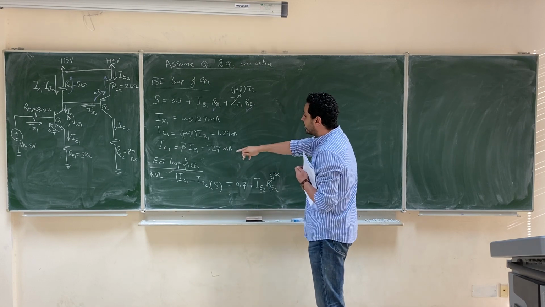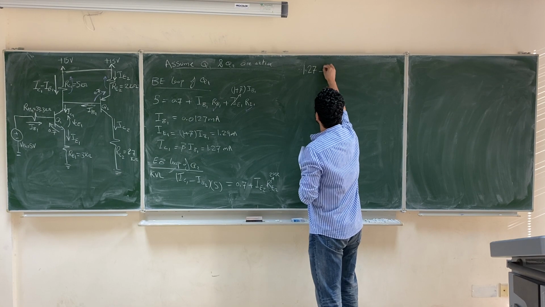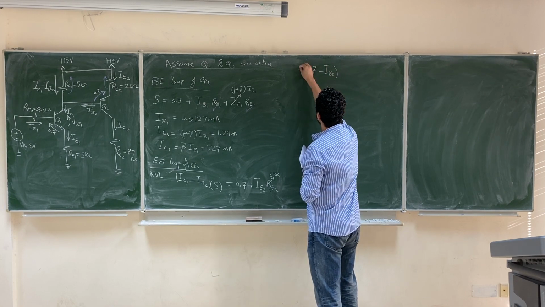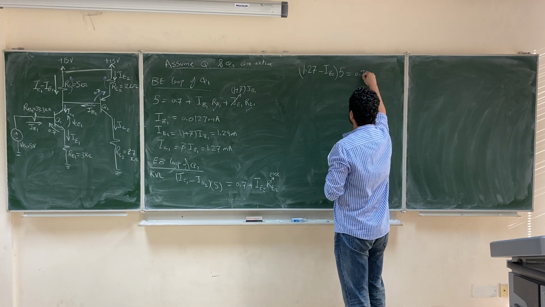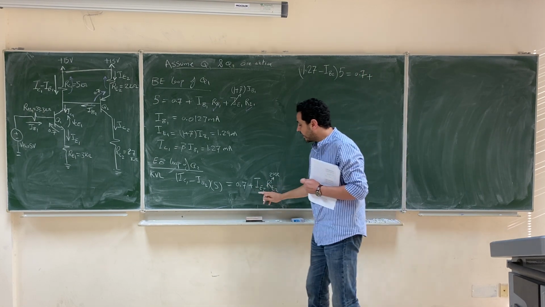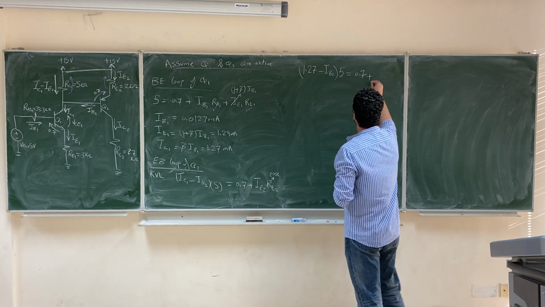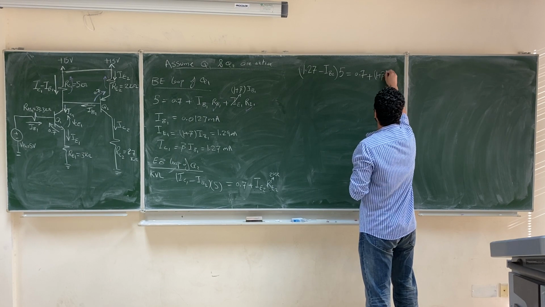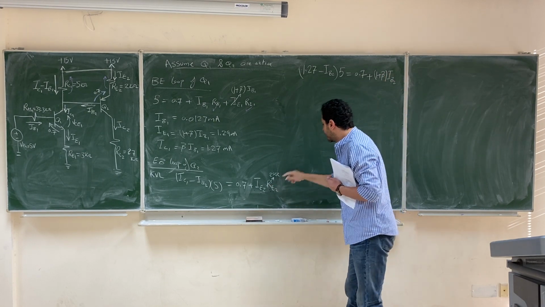So IC1 we already calculated to be 1.27 milliampere, minus I base 2 multiplied by 5 kilo ohm equals 0.7 plus IE2. IE2 we can write in terms of I base 2: 1 plus beta I base 2, multiplied by 2 kilo ohm.